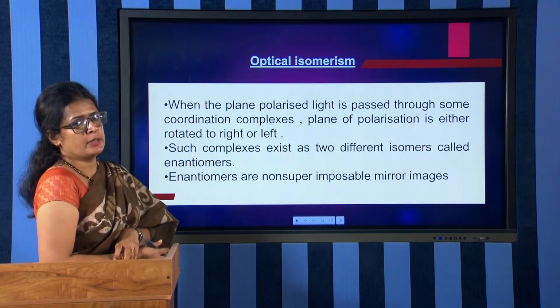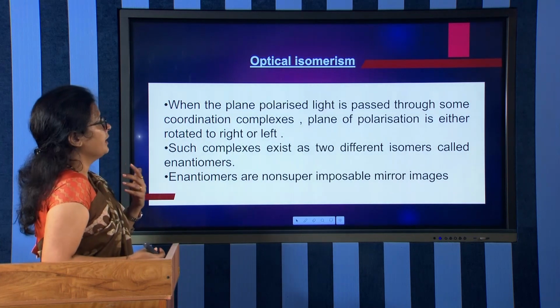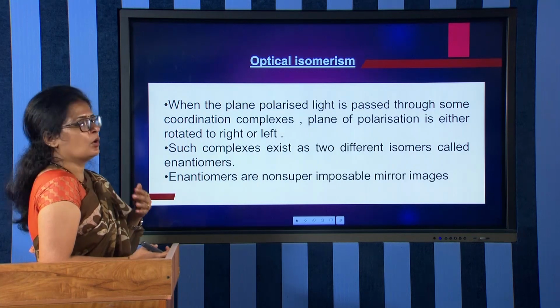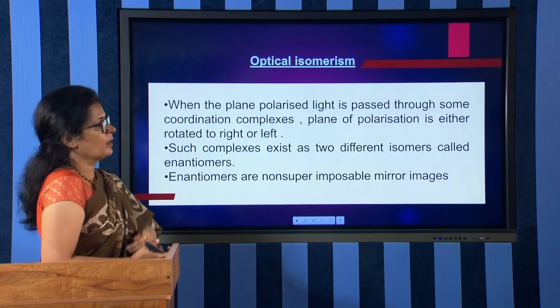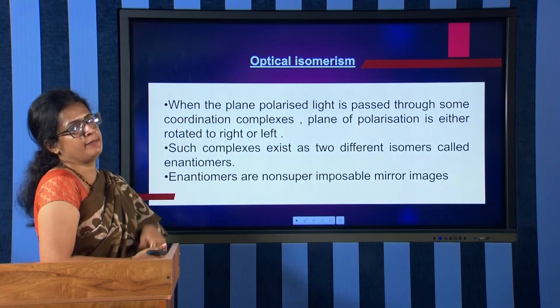What is optical isomerism? Before that, you have to understand that when plane polarized light is passed through some coordination complexes, the plane of polarization is rotated either to the right or left.